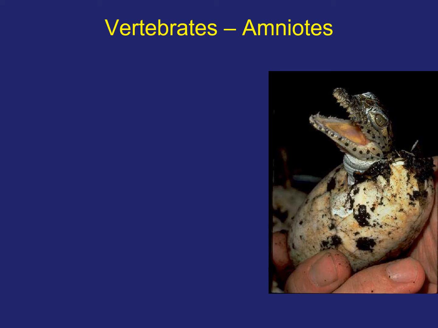So now eggs didn't have to be laid in water anymore, and this allowed them to move into drier and drier locations. And of course, many reptiles are very, very good at living in very dry places. Now, the amniotes would include those original reptiles and the reptiles that are around today, but also birds and also mammals, which might seem kind of strange because mammals do not lay eggs, but we'll come back to that.